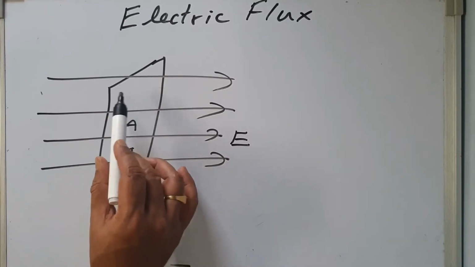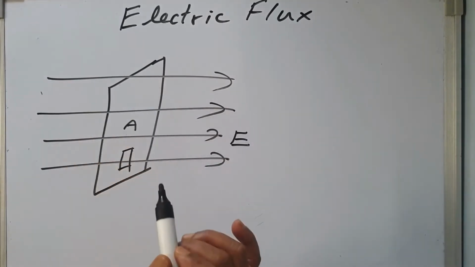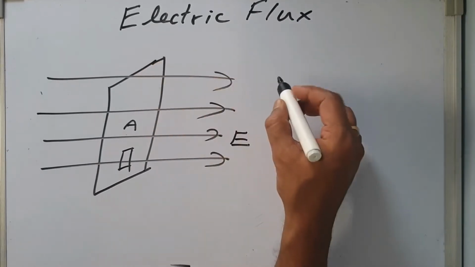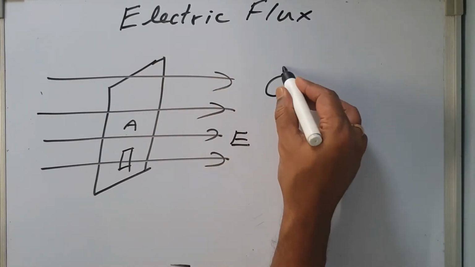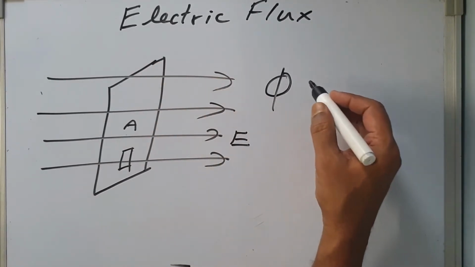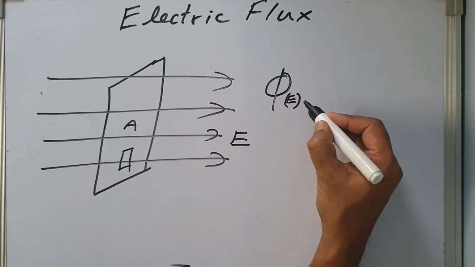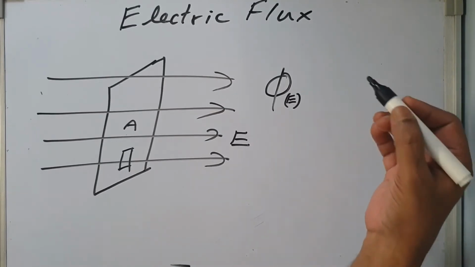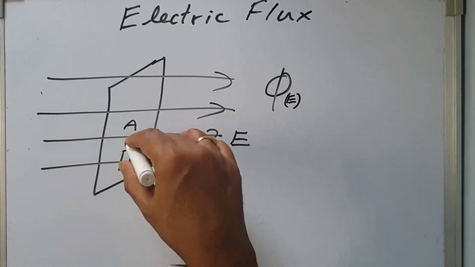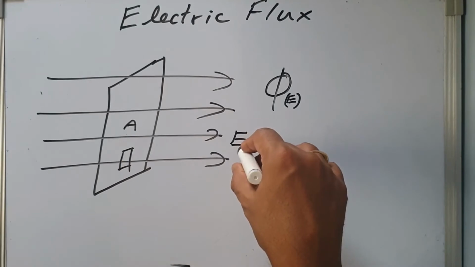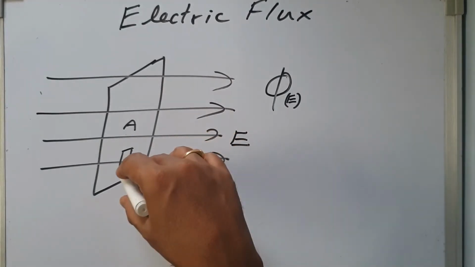Therefore, through area A held perpendicular to the electric field, the electric flux, symbol phi, Greek letter, with a subscript E sometimes because we also have magnetic flux to learn later. Through unit area, E is the number of lines of force passing normally.